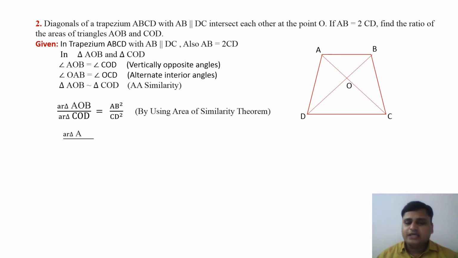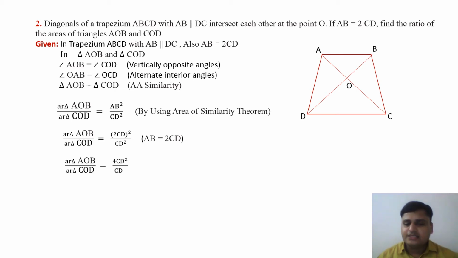After this, area AOB upon area COD is equal to AB square by CD square. Replace AB by 2CD, so it will become 2CD whole square divided by CD square. Now simplify it. Because AB is given as 2CD, area AOB divided by area COD is equal to 4CD square by CD square, because the square of 2 will become 4 and CD square will be as it is.